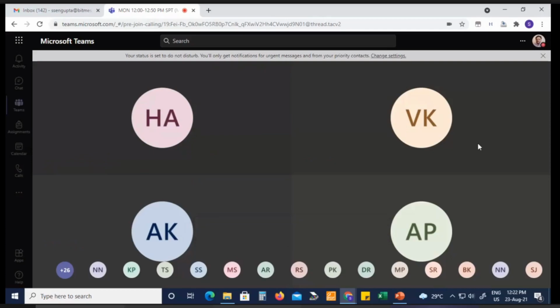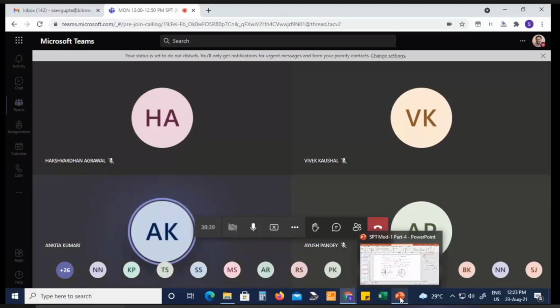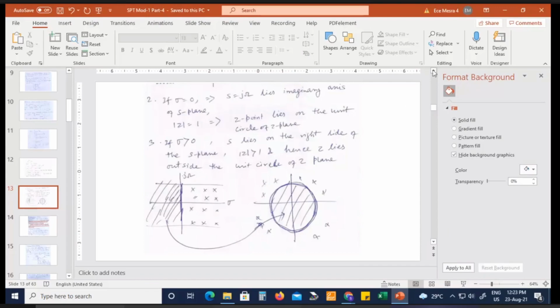Vivek? That is why I take so much pain. Vivek Kaushal? Ankita? Yes, sir. Is it clear? Relation between the Z plane and S plane. Is it clear?